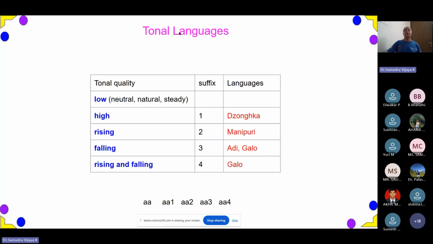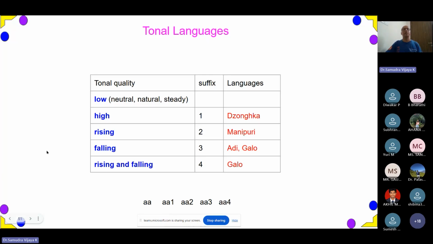And there are some languages, more in northeastern India, which are called tonal languages. These are Tibeto-Burman languages. An example is Manipuri, or the Adi and Nagaland languages in Nagaland, and the language spoken in Bhutan. What is a tonal language? Let me give an example. Let's say Pal, that's a normal one.